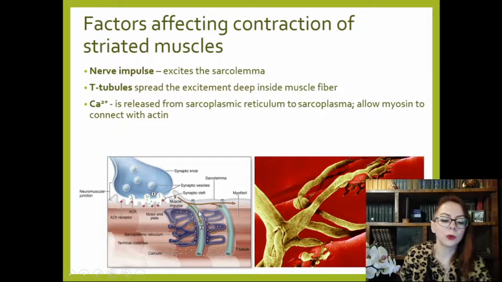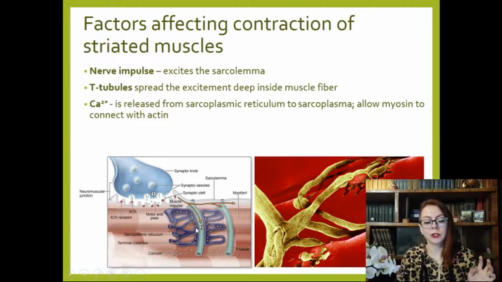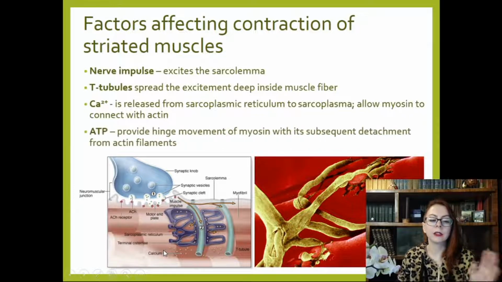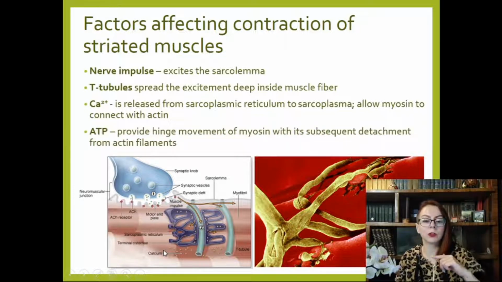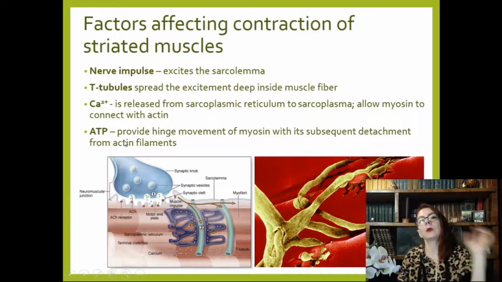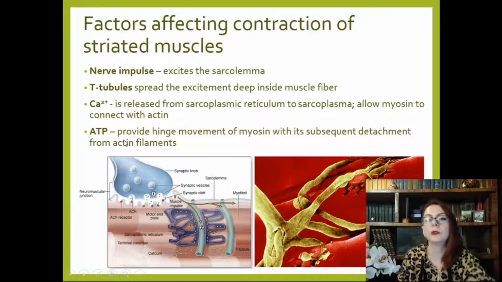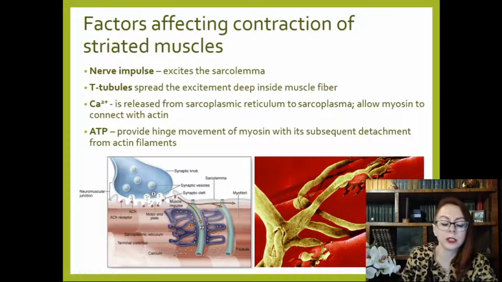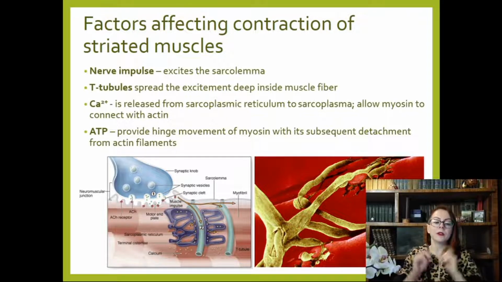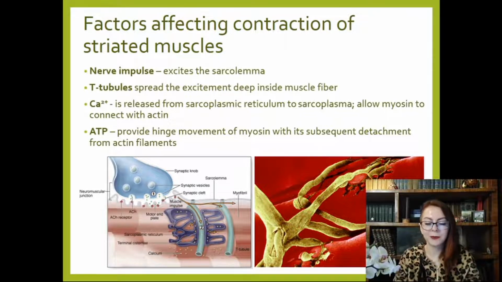Okay, so excitation of the T-tubule results in the calcium liberation, and then calcium interacts with the troponin, myosin attachment takes place. Then ATP is needed to detach the myosin, to unbend it, and after the attachment to generate this pulling force by hydrolysis of the ATP molecule. That's what you have to know, but there are a little bit more details.